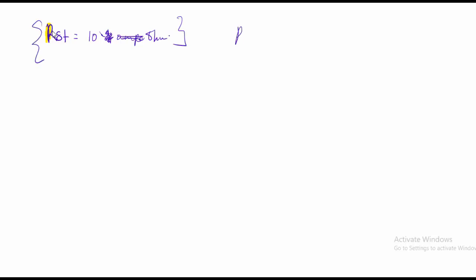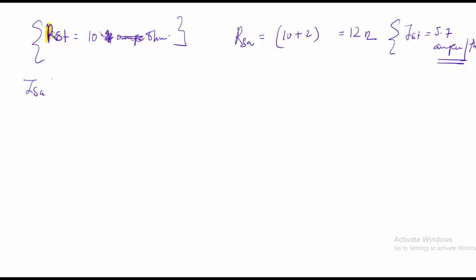So my resistance RSA will become equal to 10 plus 2, which is equal to 12 ohm. At that time my starting current was equal to 5.7 amperes per phase, and my starting current ISA in the condition where there was maximum torque production was equal to 10.20 amperes.